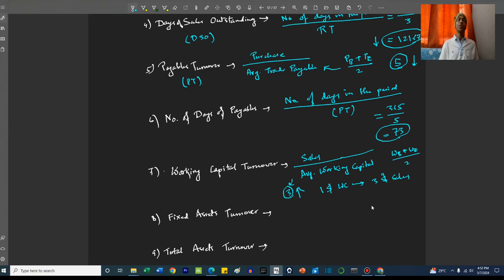Fixed asset turnover. This is basically signifying how efficiently fixed assets are being used to generate revenues. So this is again sales or revenue divided by average net fixed assets.